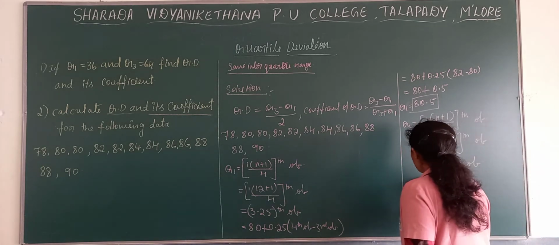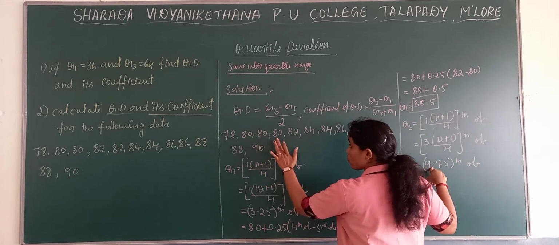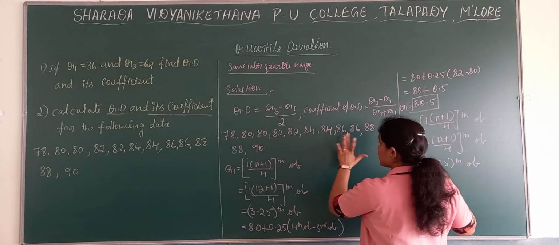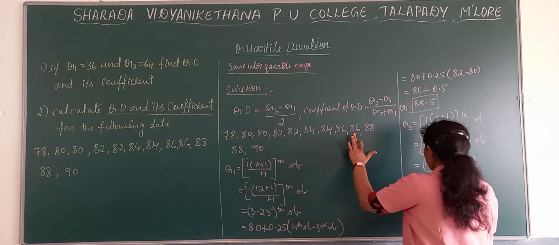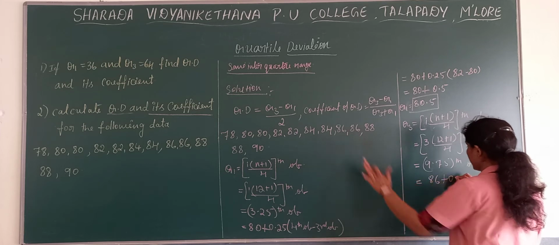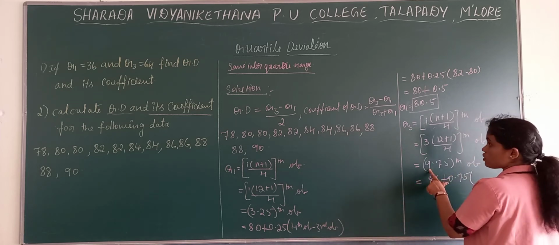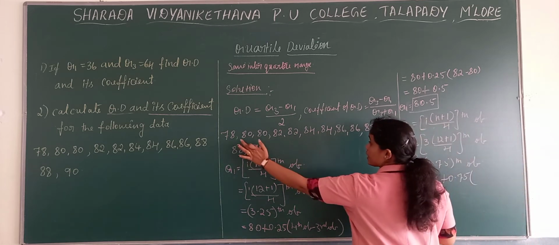Now the 9th observation: count here 1, 2, 3, 4, 5, 6, 7, 8, 9. The 9th observation is 86, plus what is remaining, 0.75.